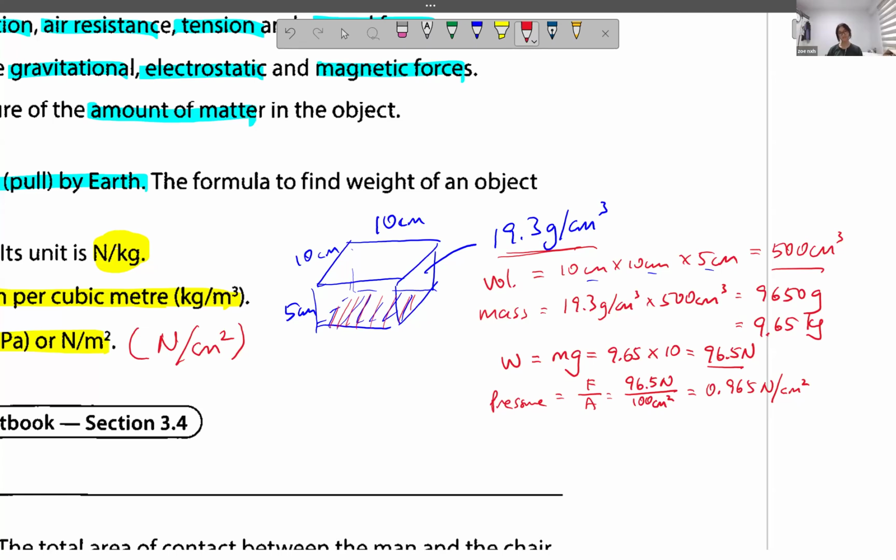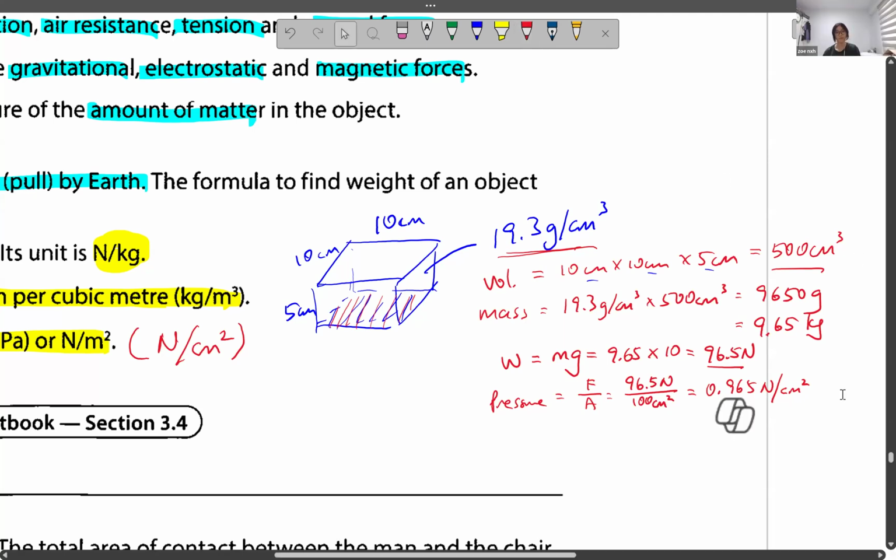You just change the prefix. Can you tell me how you change? Instead of Newton per cm square, you have to convert to meter. Yes, correct. It's easier to convert the area, right? Area is 0.1 times 0.1.